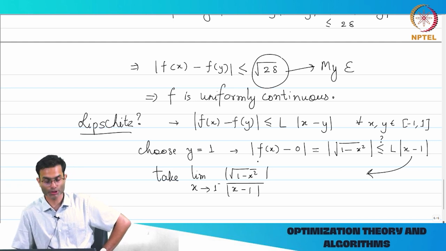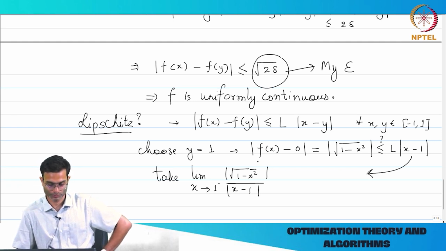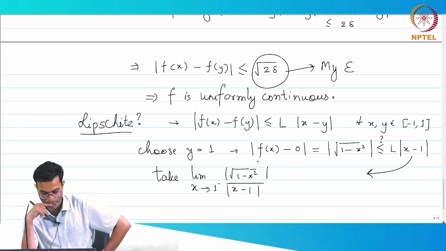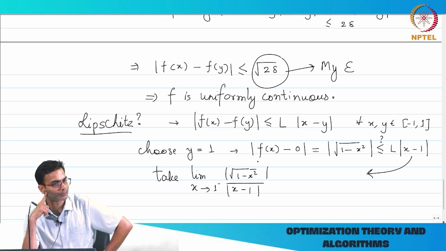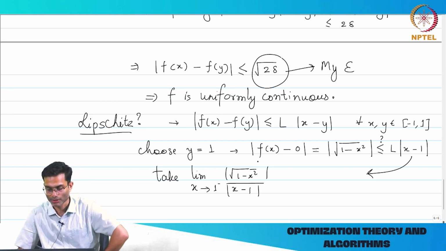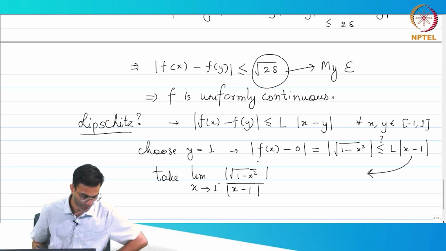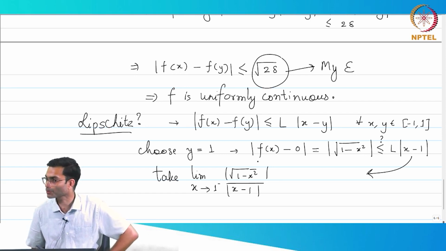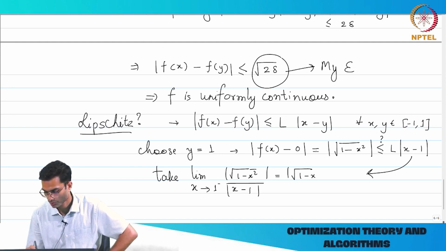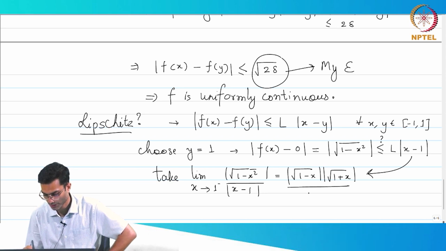Can I open up the denominator somehow? What's going to happen? We can split 1 minus x squared as (1 minus x) times (1 plus x), and I can also write the denominator as the square root of 1 minus x, squared.